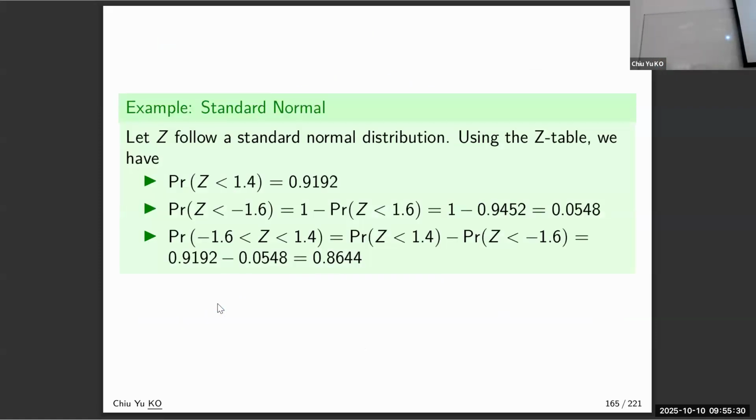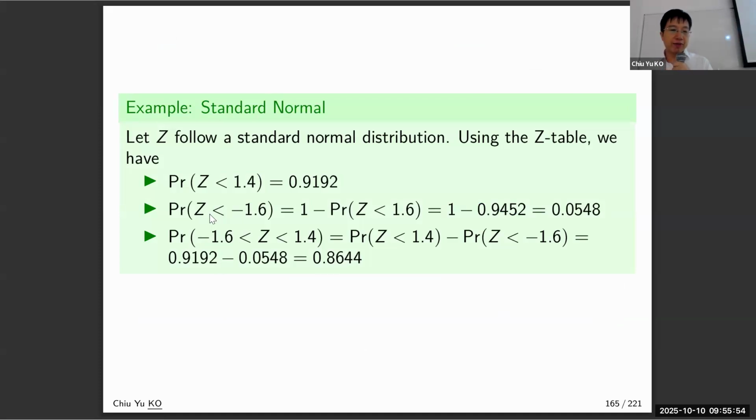If you have a normal distribution and ask for the probability of being below 1.4 SD, that would be 91%. That is what it's saying if you convert back to the standard case.